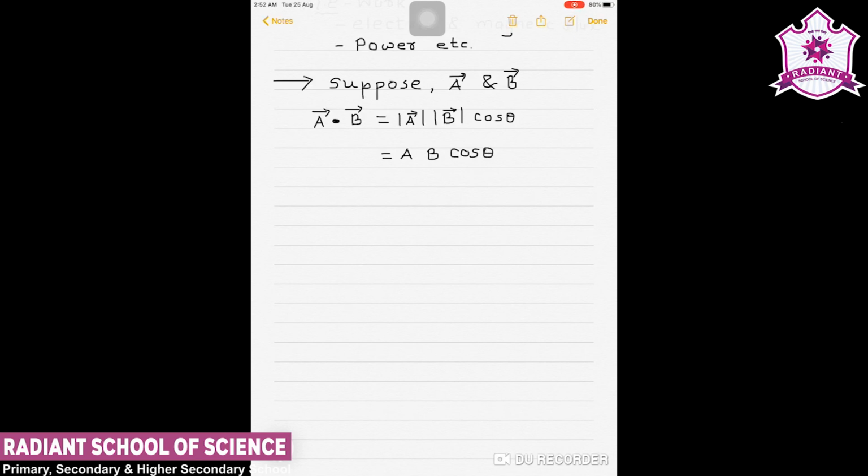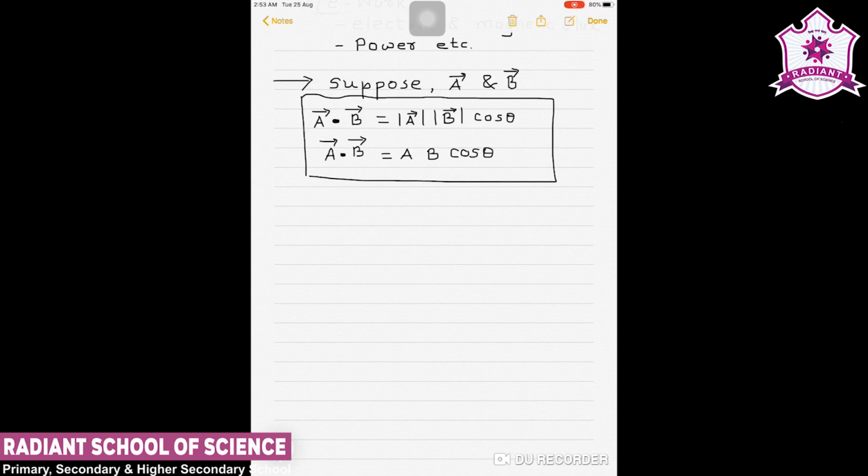So this is the resultant term of the scalar product of two vectors. This term is called the dot product of two vectors.